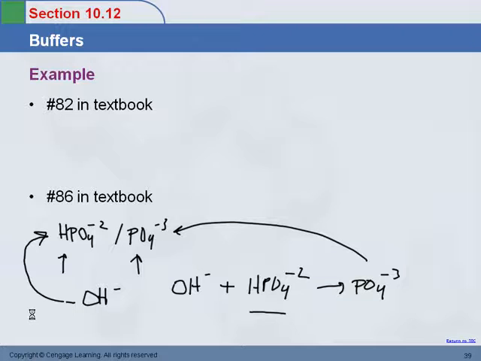That's good news. And what's the other thing I'm going to form? Oh yeah, H2O, hydroxide plus hydrogen ion. So here I've taken hydroxide, I've turned it into water. I've consumed some of my acid in my buffer, but I've also produced some of my base.